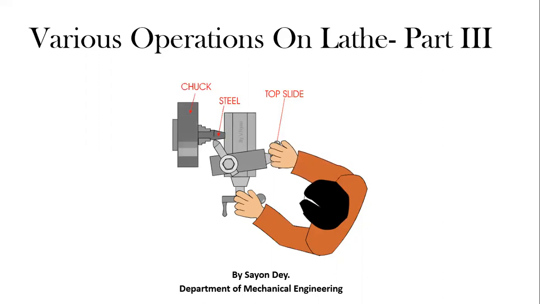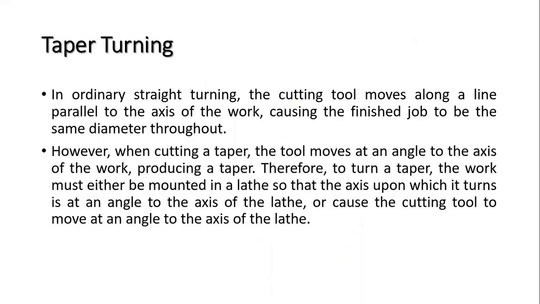So I'm going to my slides to discuss these operations. What do we mean by taper turning? In ordinary straight turning, the cutting tool moves along a line parallel to the axis of the work, as I have already told, causing the finished job to be the same diameter throughout.